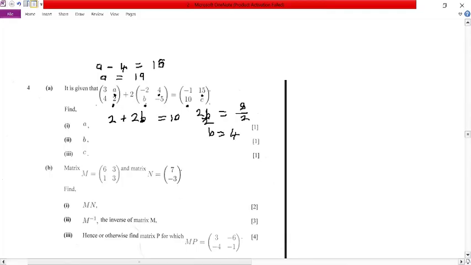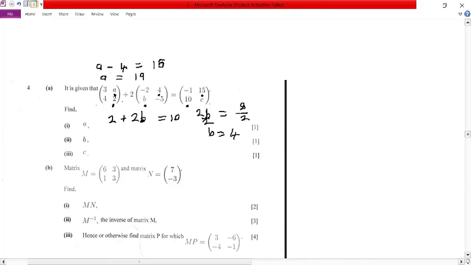And now to find the value of C, again, we compare things at corresponding positions.